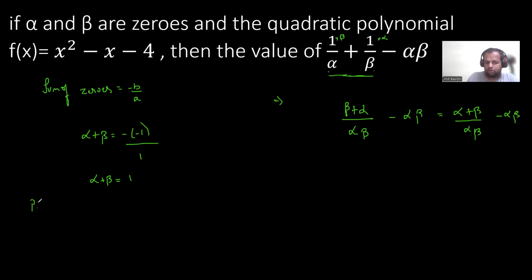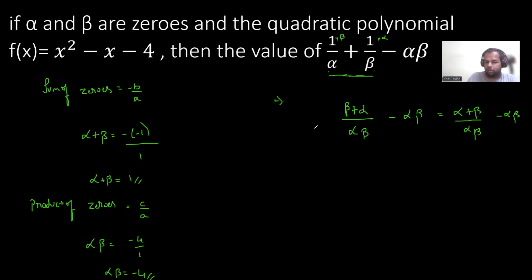And product of zeros, the formula is c by a. So alpha into beta is equal to minus 4 by 1. So that's minus 4. Alpha beta is equal to minus 4. This is sum of zeros, that is 1. Product of zeros is minus 4.